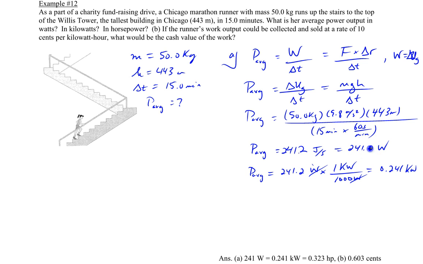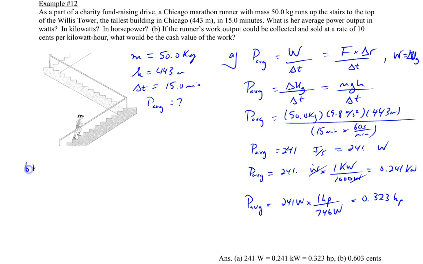I guess we'll just get rid of the 2 here, and write everything in 3 sig figs. If you want to convert to horsepower, let's go to our 241 watts. We know in 1 horsepower there is 746 watts, and so that will give you an answer of 0.323 horsepower. Okay, that's for part A.